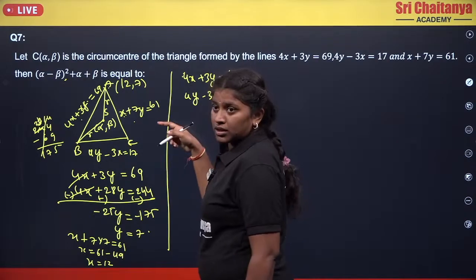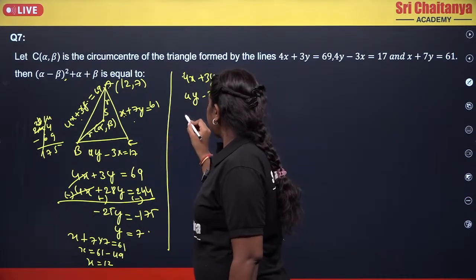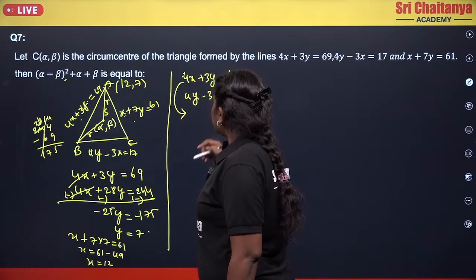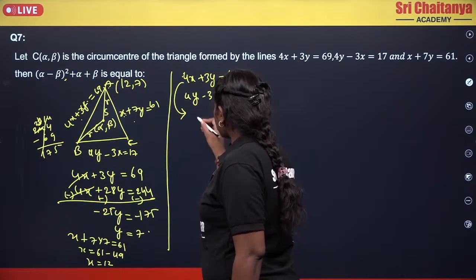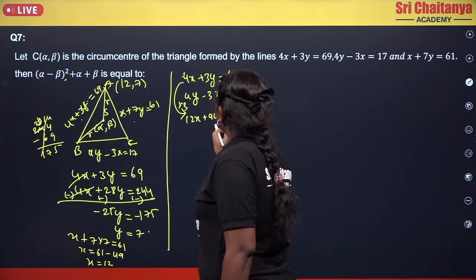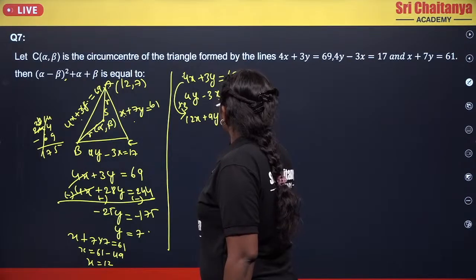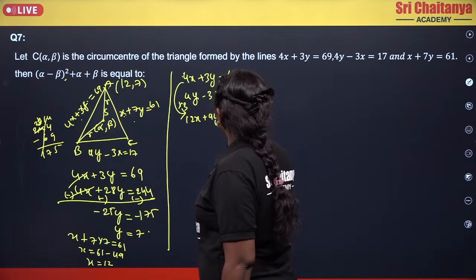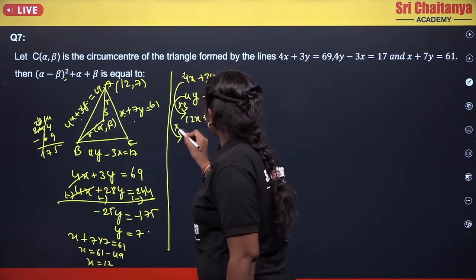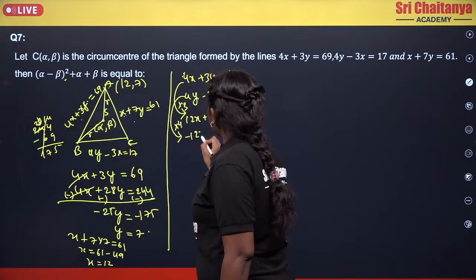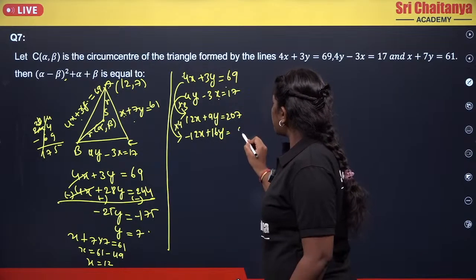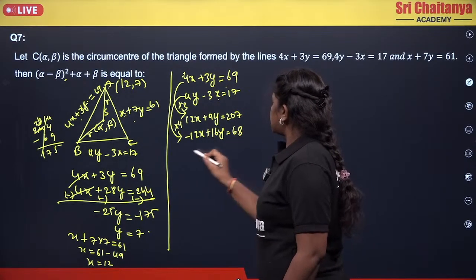If you just rewrite this, you can eliminate either x or y. Multiply the first with 3, so 12x plus 9y equals 207, and the second equation will be multiplied with 4, so minus 12x plus 16y equals 68.